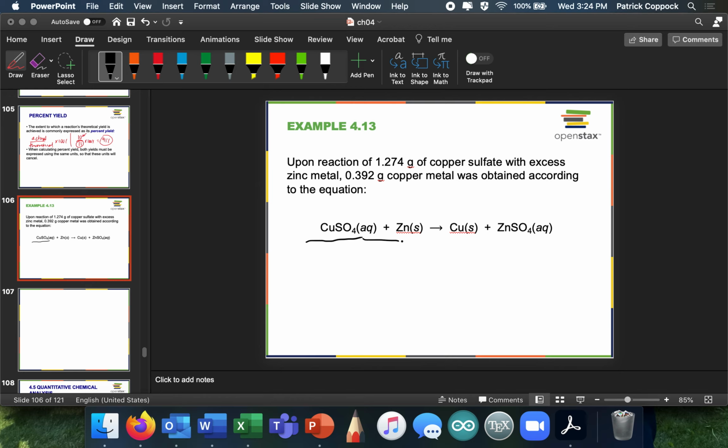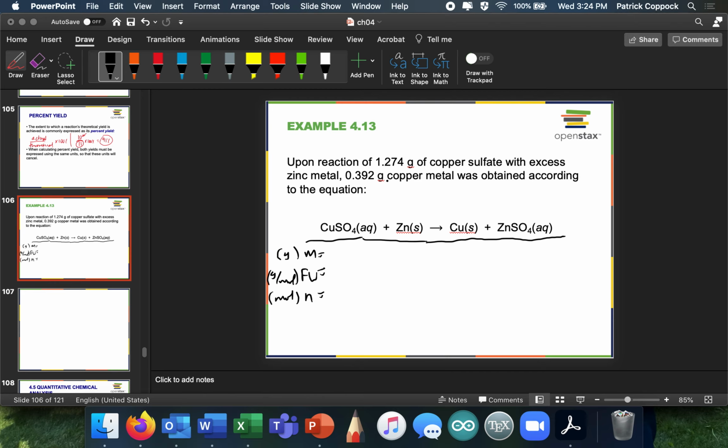Suppose we've got copper sulfate and we're going to react it with zinc and make copper. And I oftentimes put mass in my first row. We always need moles, so I'm going to use grams per mole to make my conversions. And here's my moles here, right?